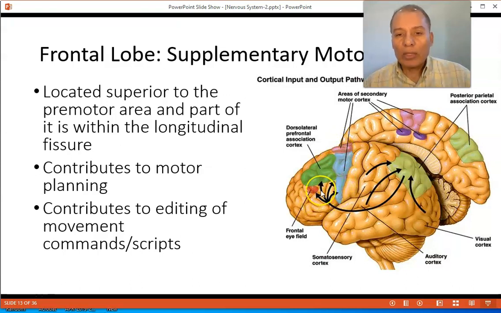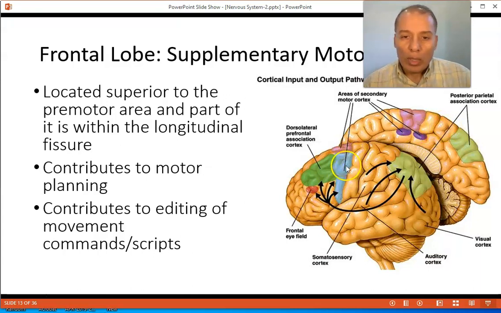And the area that has all these arrows is Broca's area. It just shows you how it sends information to the planning areas and to the premotor area. So the supplementary motor cortex, you can see it extending between the two hemispheres. You can also see here the motor area extending.